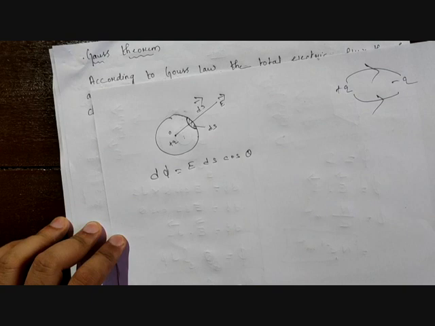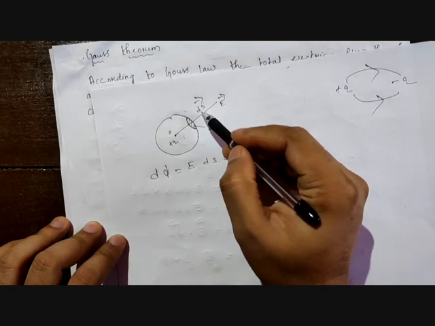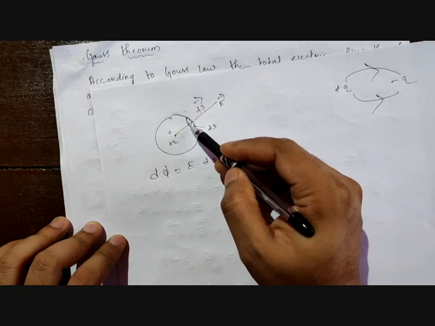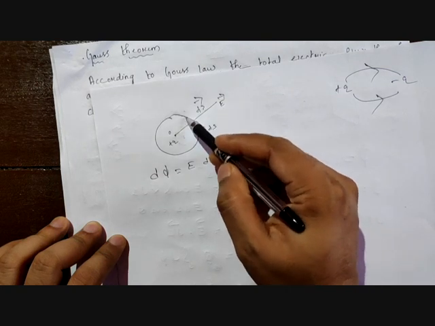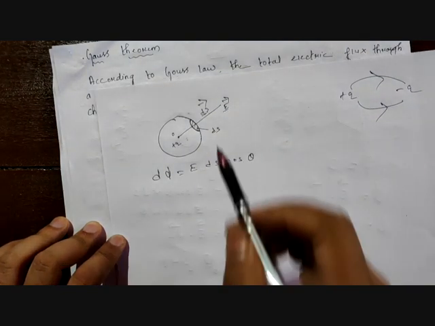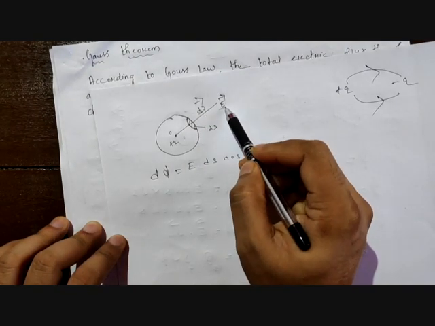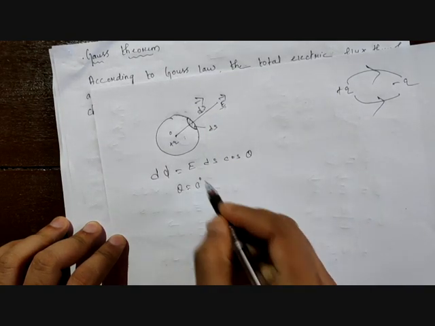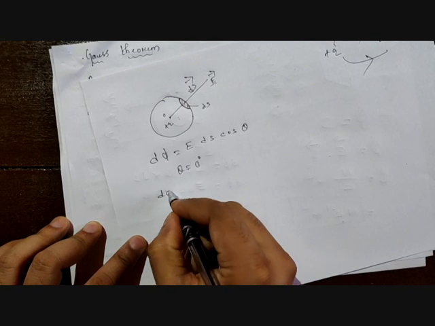Now see, what will theta be? This is called the area vector. Always remember, the area vector is always perpendicular to the surface. So the area vector and electric field are in the same direction, which means theta is 0 degree.